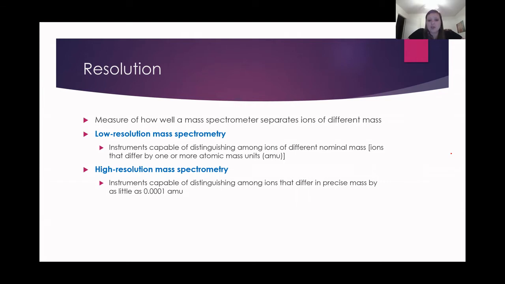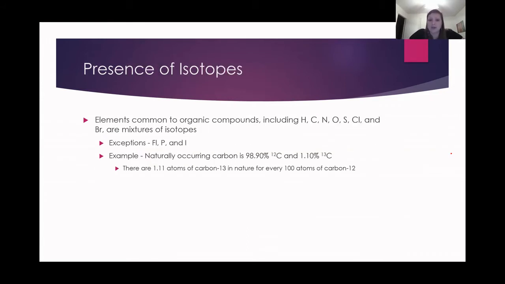A low-resolution mass spectrometer is capable of distinguishing ions with nominal mass, so they differ by 1 or more atomic mass units. So this one could distinguish, for example, between 24 and 25 molecular weight. High-resolution mass spectrometry can be much more precise, so it can distinguish between 54 and 54.0001 atomic mass units.